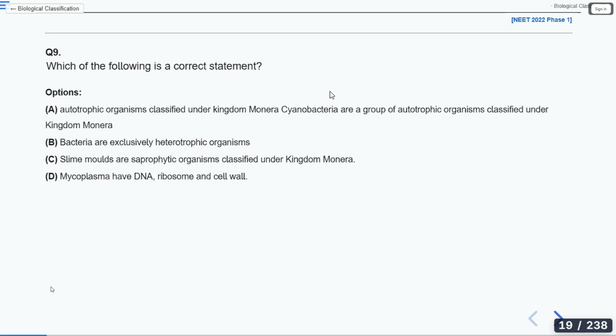Very good. What are the organisms that come under dinoflagellates? Mostly dinoflagellates are marine algae, right? These dinoflagellates are unicellular marine algae. Okay.